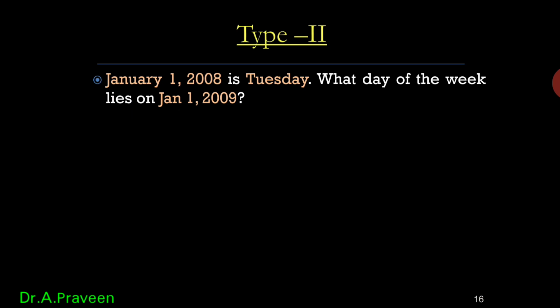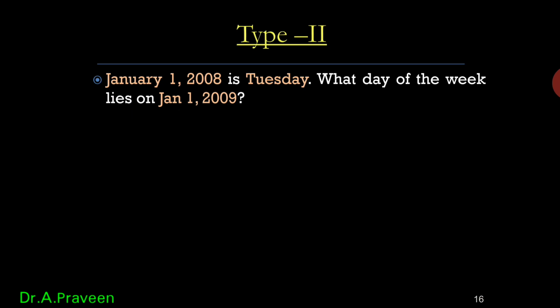So here if 2008, the 1st of January falls on Tuesday, then the 1st of January 2009 will be either a Wednesday or a Thursday. So we are going to determine that. So for that, here you have to make a small note.